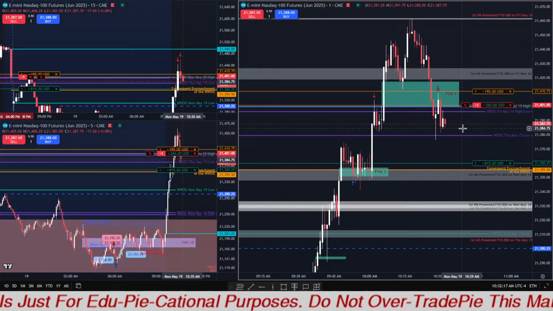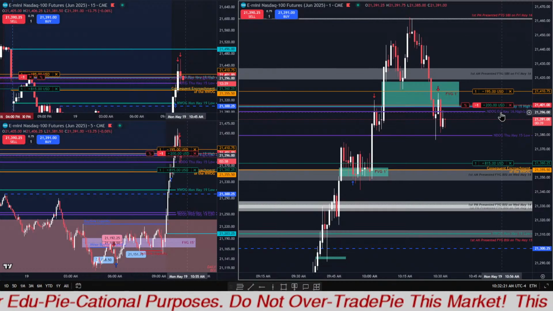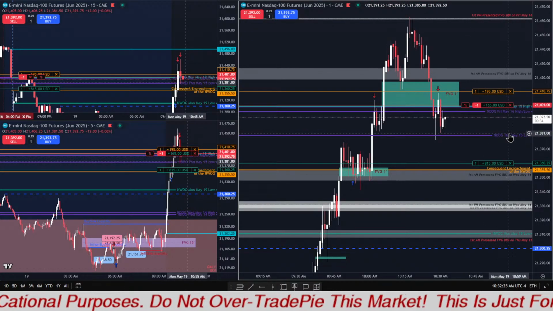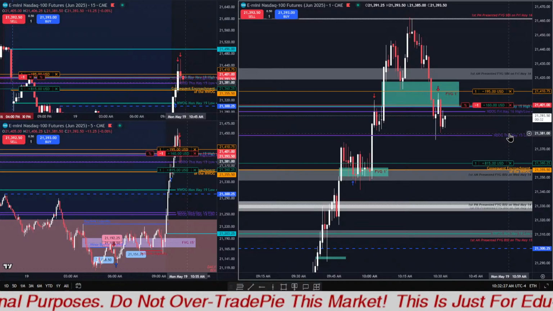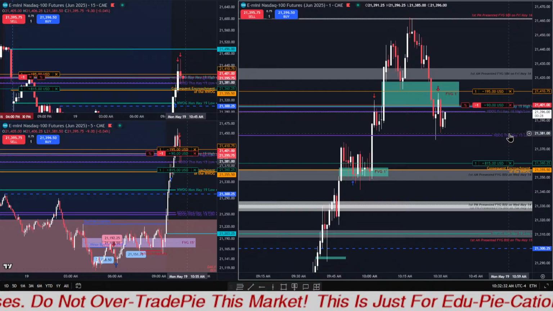Now we are trading between the new day opening gap of Friday and the new day opening gap of Thursday the 15th, around the consequent encroachment.